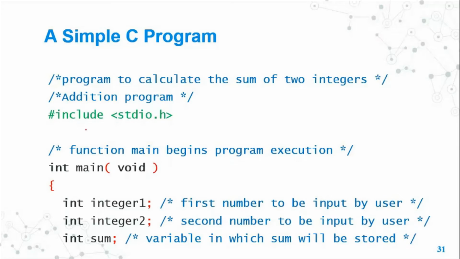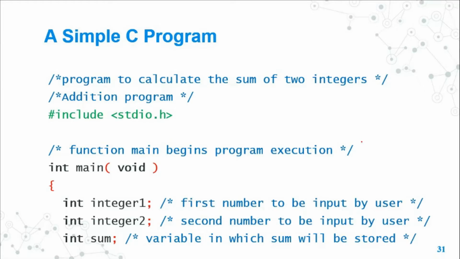How many blank spaces you leave doesn't count in C programs, unless it is within double quotes. If it is within double quotes, it will count. Otherwise, in most cases, it will be counted only as a single white space.